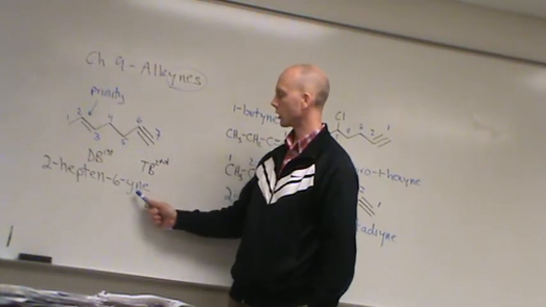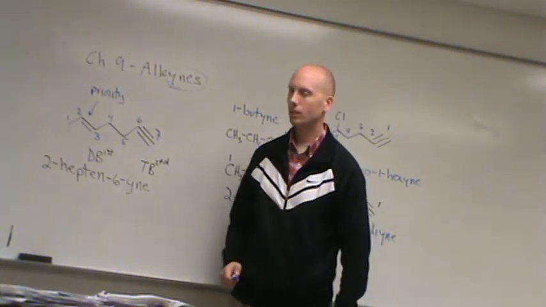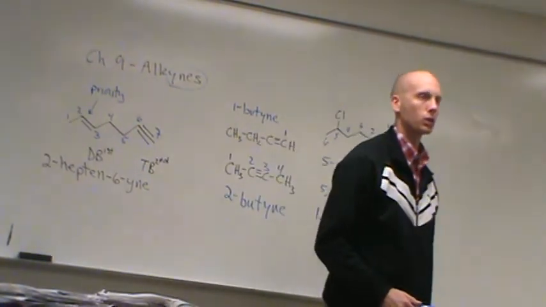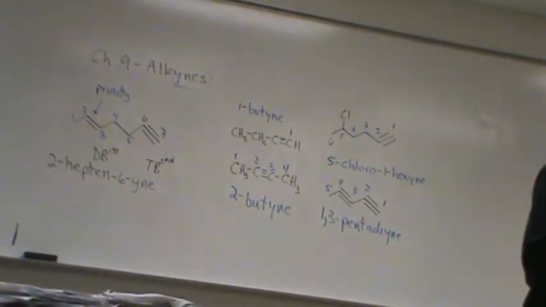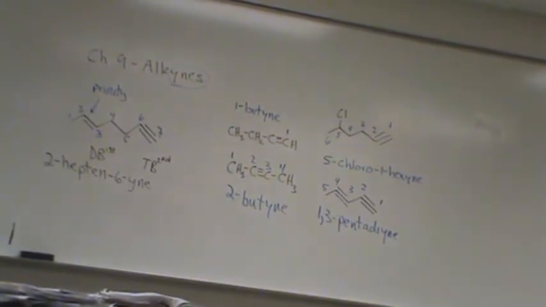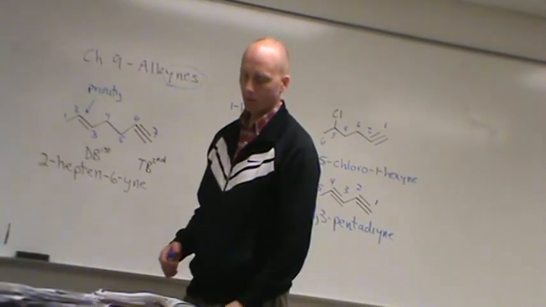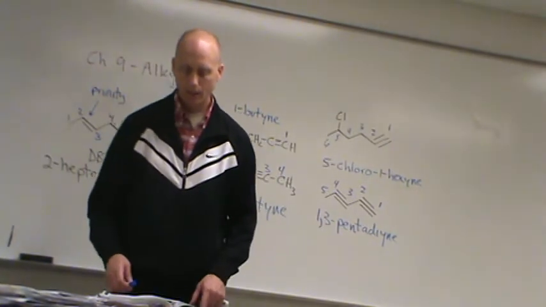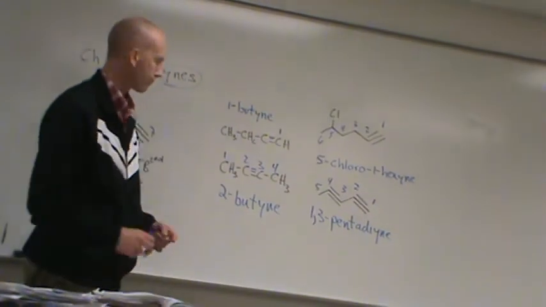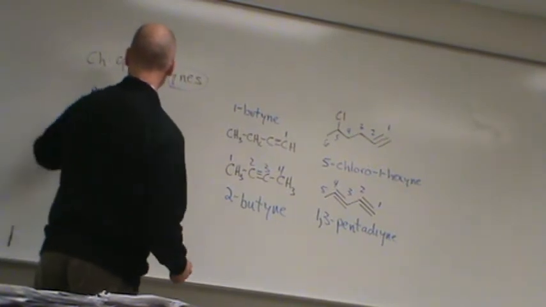And then the 6 tells me where the triple bond begins, here. Okay. Any questions on that? That's probably the trickiest part when you have a double and a triple bond in the molecule. Okay, so let's move on here. Let's look at some properties of the triple bond.